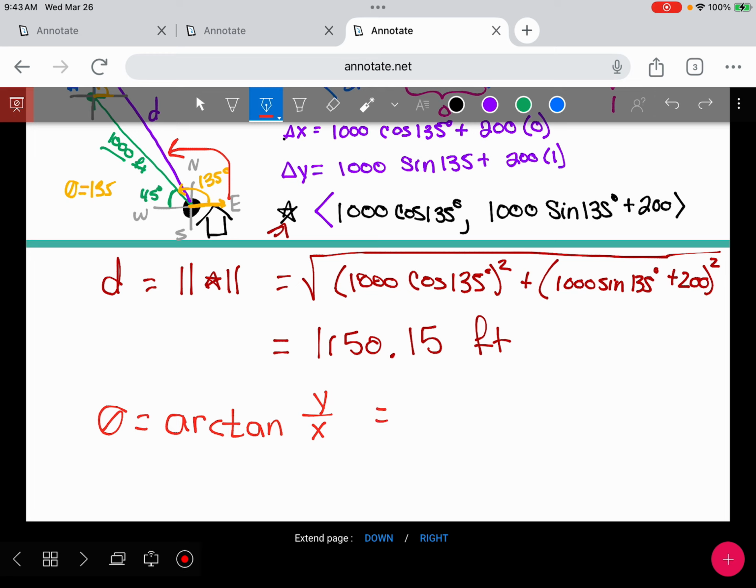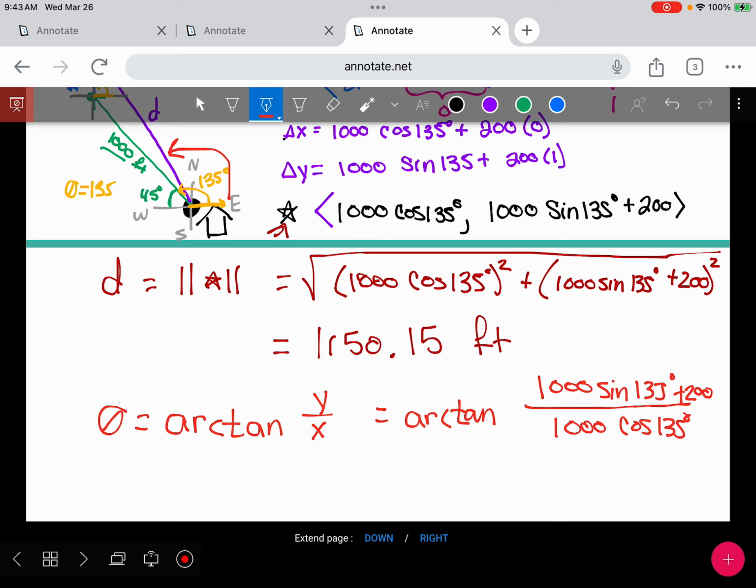Okay. So we're going to do our arctangent of our y, which is our 1,000 sine of 135 degrees plus 200, over our 1,000 cosine of 135.